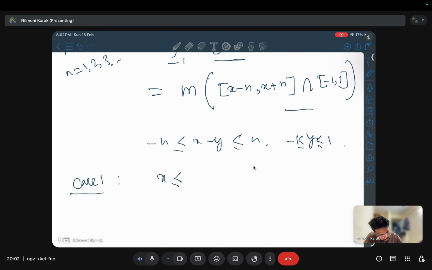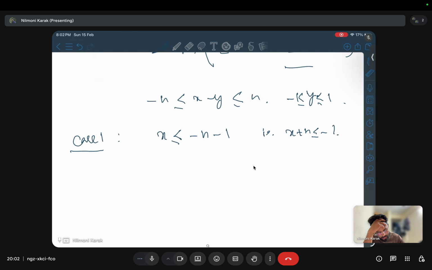So first, case 1: x less than or equal to minus n minus 1. This is outside the interval. Basically that is x plus n less than or equal to minus 1. So this is outside the interval, right?